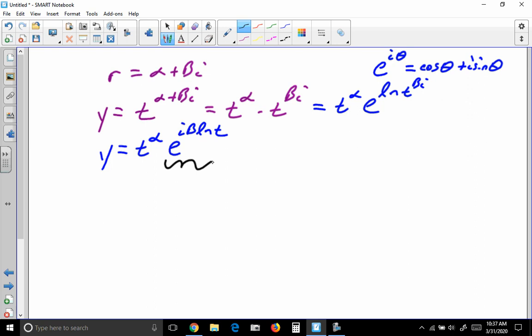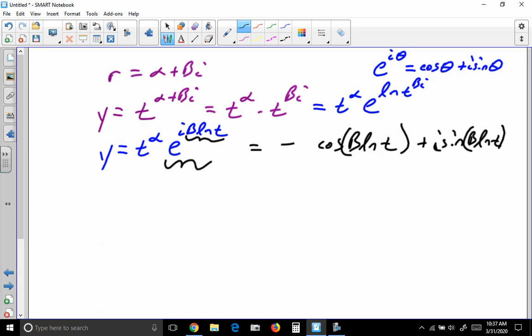So for this part, that becomes cosine of b natural log t plus i sine b natural log t. And then we still have our t to the alpha in front of it. So we have t to the alpha times cosine b natural log t, t to the alpha times i sine b natural log t.